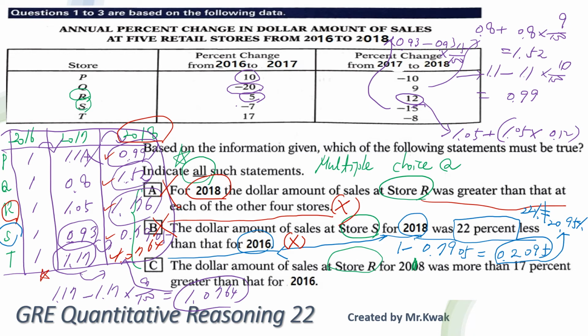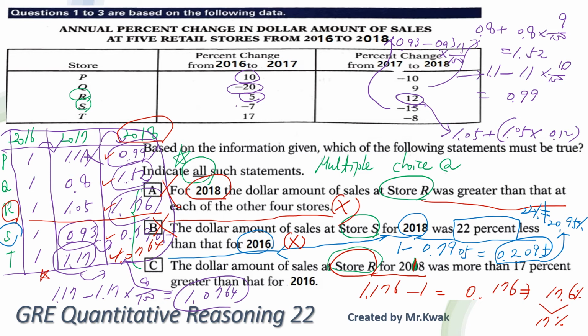The dollar amount of sales at store R, they are asking again about R, for 2018 was more than 17% greater than that for 2016. In that case, we can compare 1.176 minus 1, which is 0.176. If we change it to a percent, 17.6%, and it is larger than 17%. Is it correct? Yes.